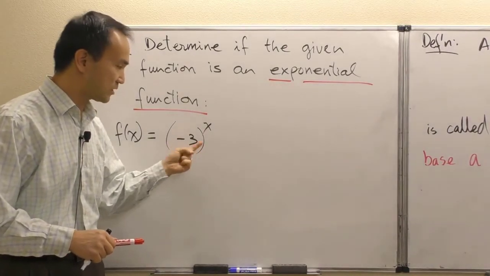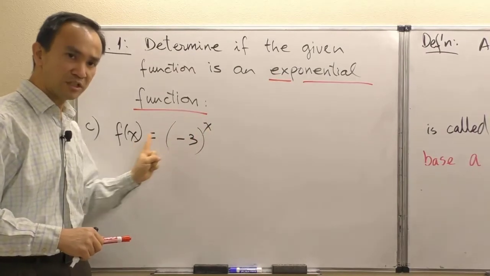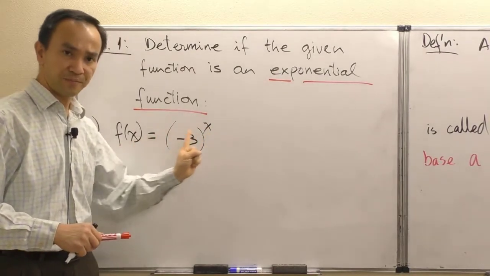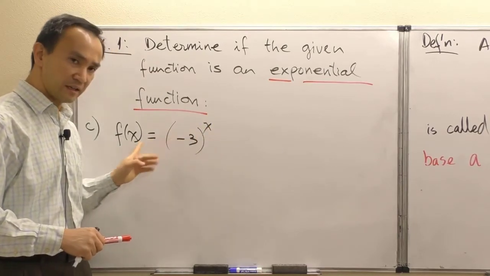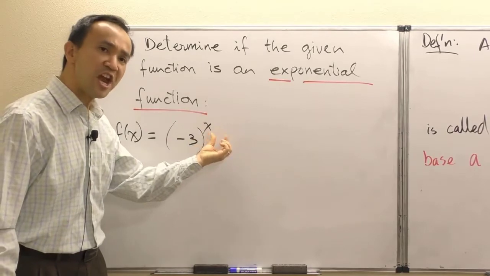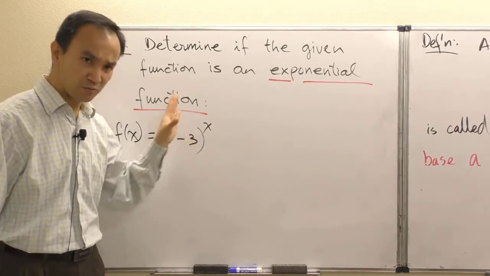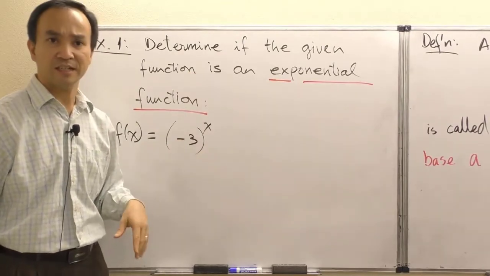And that base is raised to a power x, where the x here is the input of our function. The exponent is the input of our function. It's the changing element.